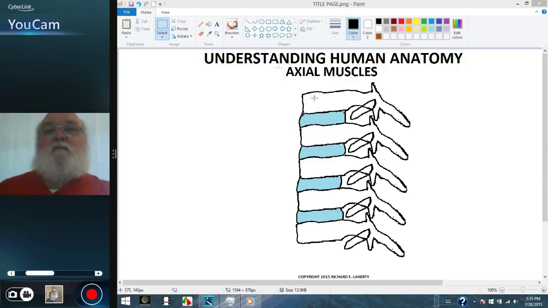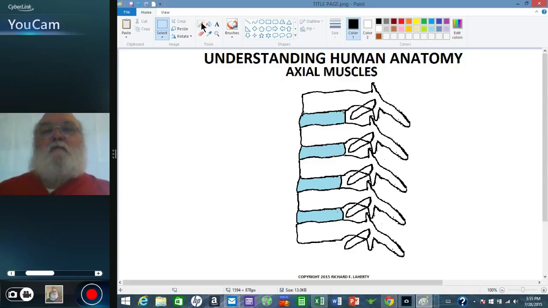If we look here at our little piece of spinal column, let me draw in some muscles that are inserting on the spines of the vertebra.